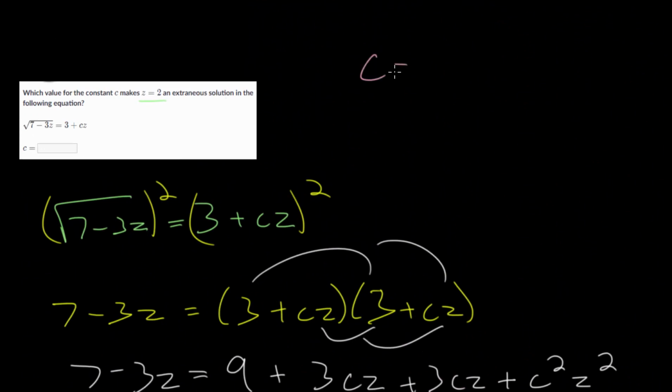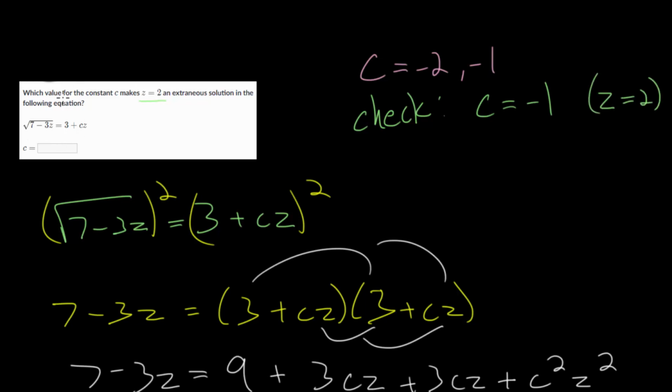And we know that when c is -2 or -1, it'll solve this equation when z is equal to 2. And we'll plug them back in, and we can plug 2 in as well and see what actually makes sense. So now we will check our work. And let's just start with c is -1. So when we plug that in, and remember we're also plugging in z is equal to 2 from our original equation.